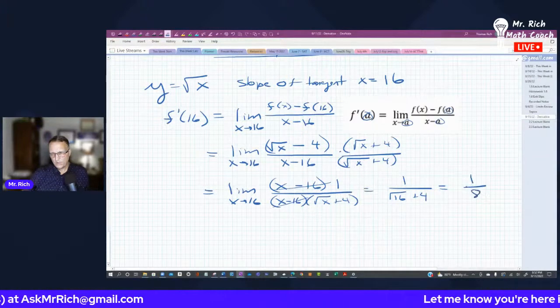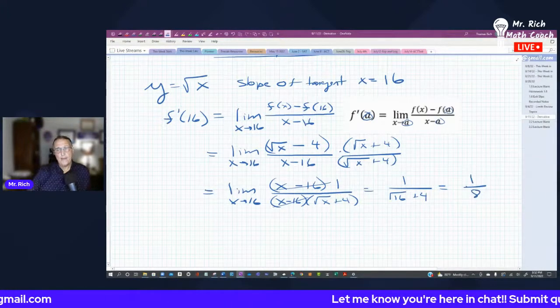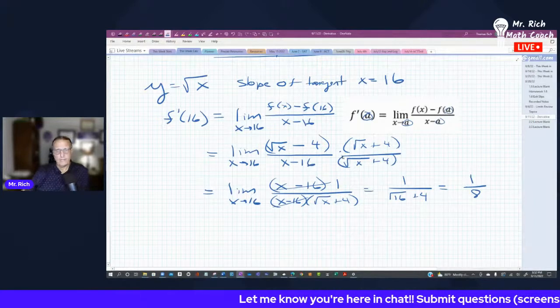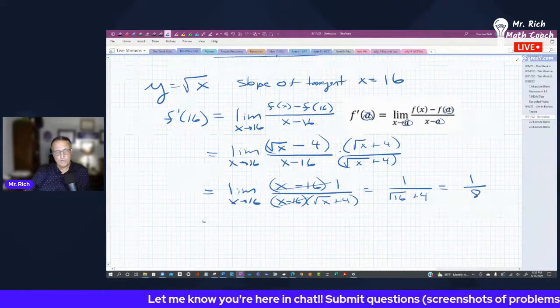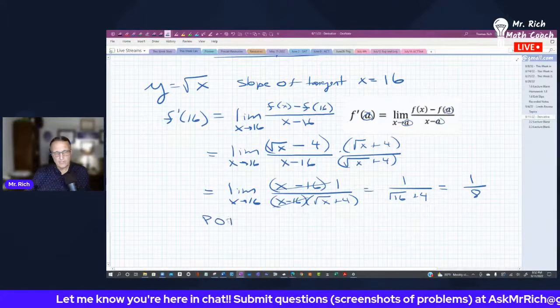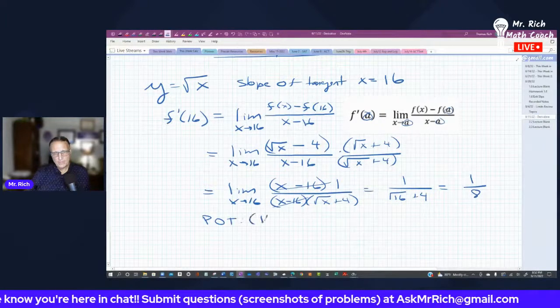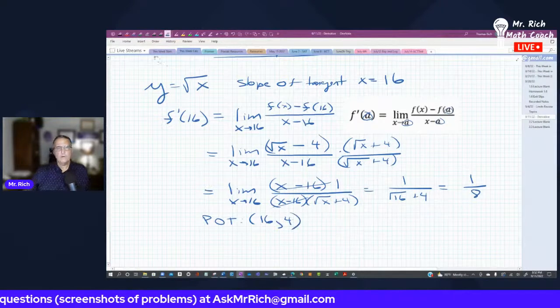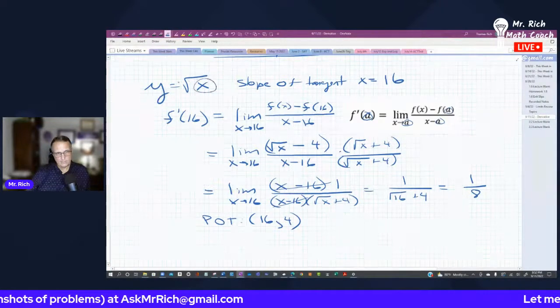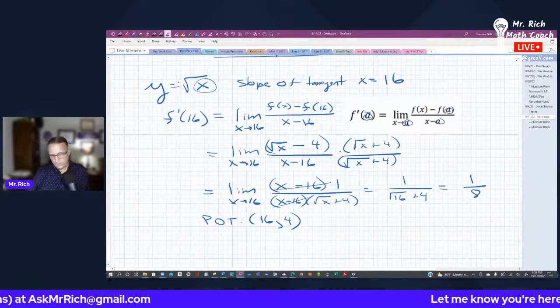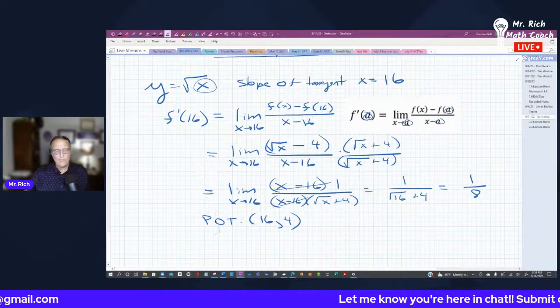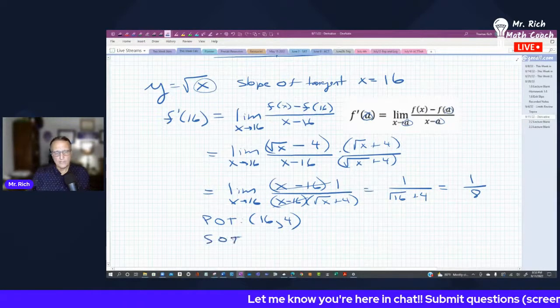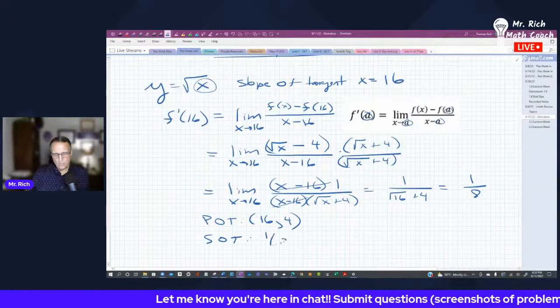Now, what would the equation of the tangent line be? We have enough information because my point of tangency is 16, comma 4, right? Because if I stick 16 into my original function, I get a y value of 4. And the slope of the tangent line, we just calculated as 1/8.